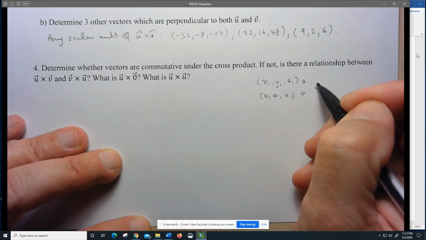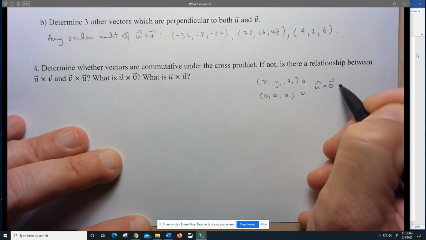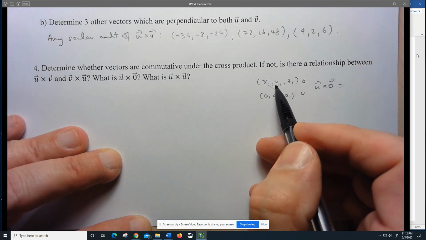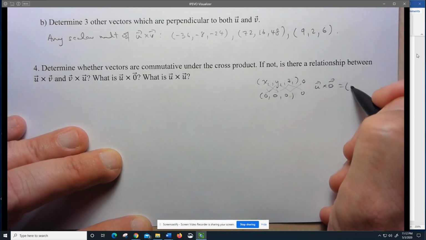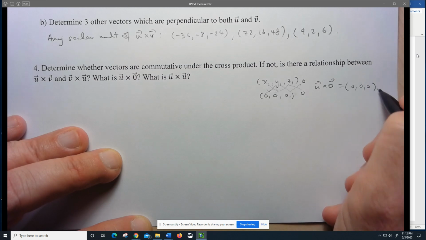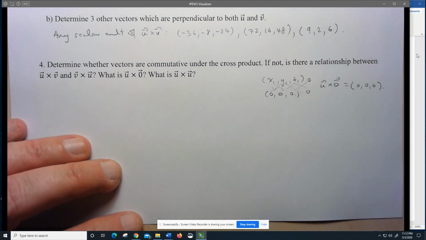Well, we realize that all the multiplications would all produce zeros. So that's just going to be the vector 0, 0, 0. Probably not too shocking.